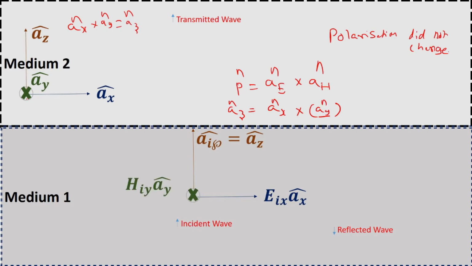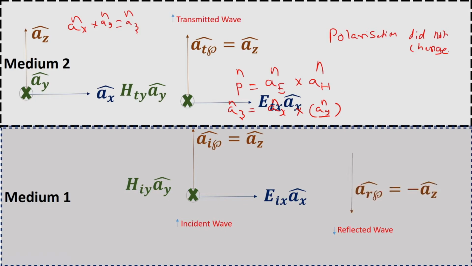Therefore, the magnetic field intensity is along ay cap. We have also seen this while discussing the previous module on EM waves. And for the transmitted wave, this is the direction of the Poynting vector, and this is the direction of electric field intensity. And pretty obviously, the direction of magnetic field intensity would be this.